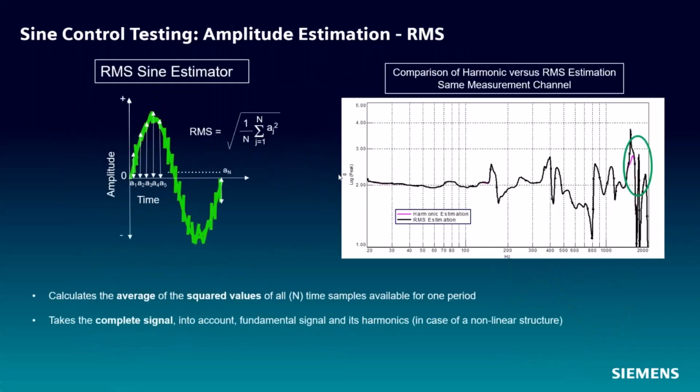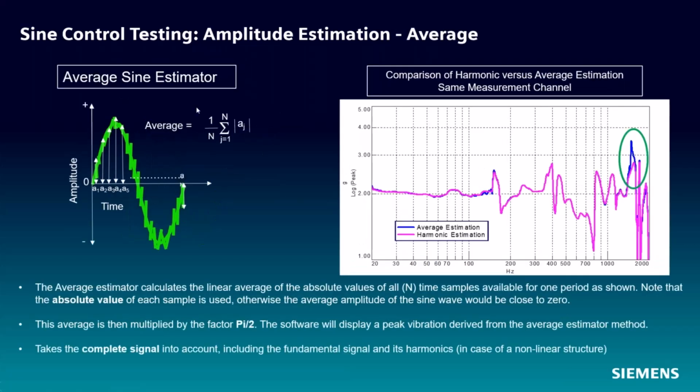Now, the RMS estimator is the next amplitude estimation method we're going to talk about. As you can imagine, the RMS estimator is looking at the area under the curve here. And you can see versus the harmonic estimator in the frequency domain, the RMS estimation is going to assign more value to this amplitude than the harmonic estimation. The next one is the average sine estimator.